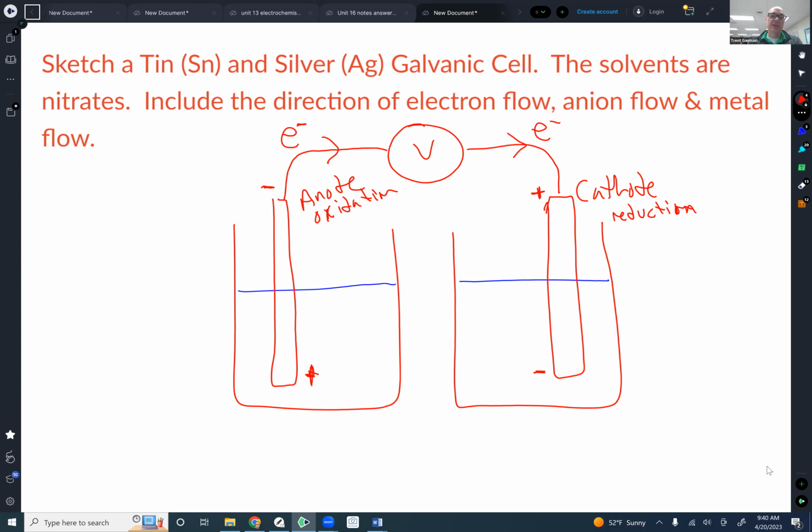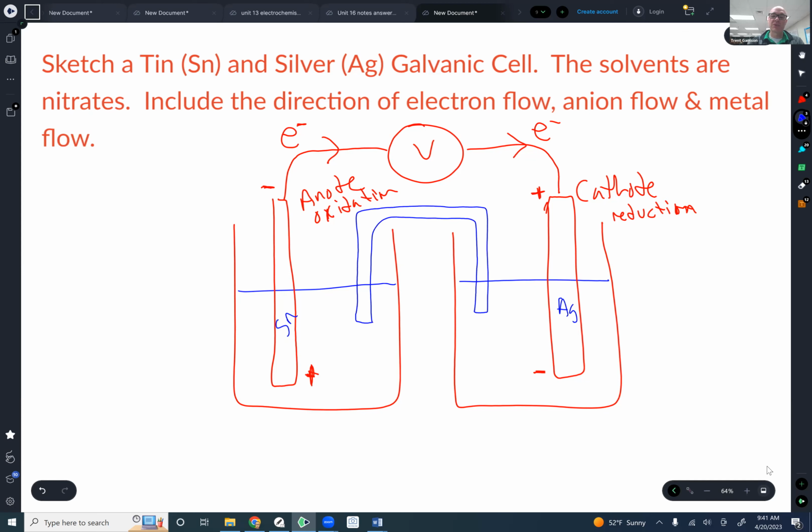Okay, now specifically it's saying that it is a tin and silver, so we would need to label this one. This is Sn, and this one is Ag. As far as anions, oh, sorry, I did leave off the salt bridge. And so a salt bridge is simple as far as what it is.